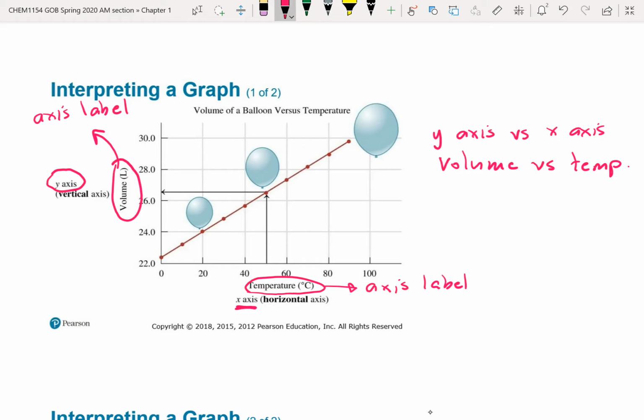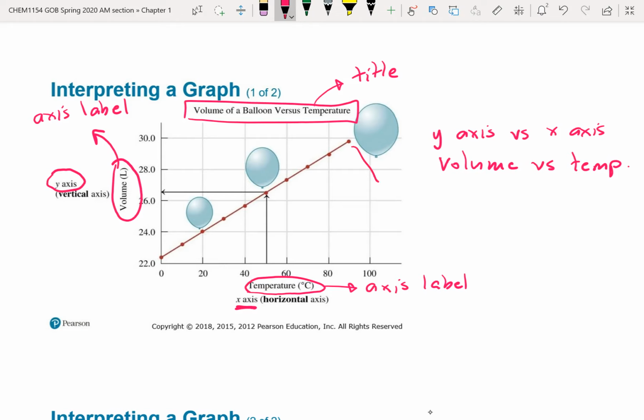And you'll see at the top of the graph, there's a title, which tells you what the graph is representing, what relationship the graph is showing. And any graph that you generate or you see should have all of these components to it. So when we examine this graph, you'll see these points that are either solid dots or dots with a circle around them.